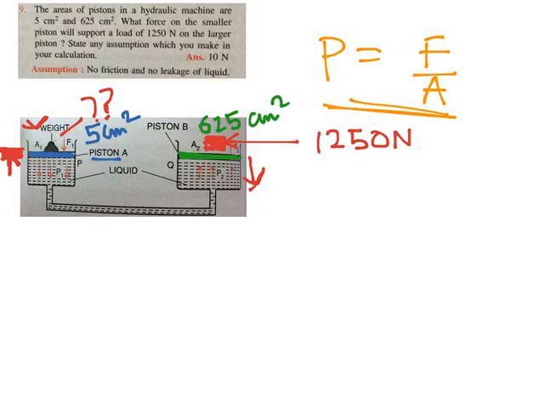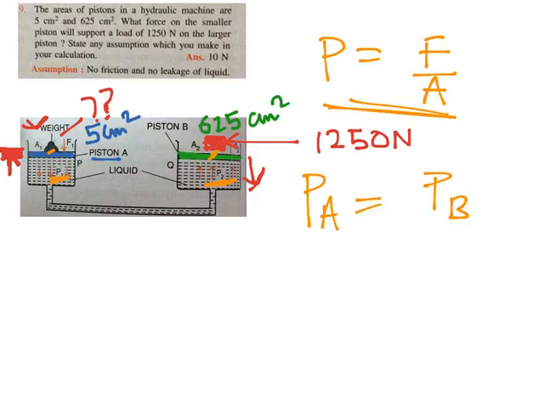Like here, this P1 and this P2 are the same. So whatever the pressure at this point is, it has to be the same at this point. So if pressure on piston A is PA and pressure on piston B is PB, then PA is equal to PB.